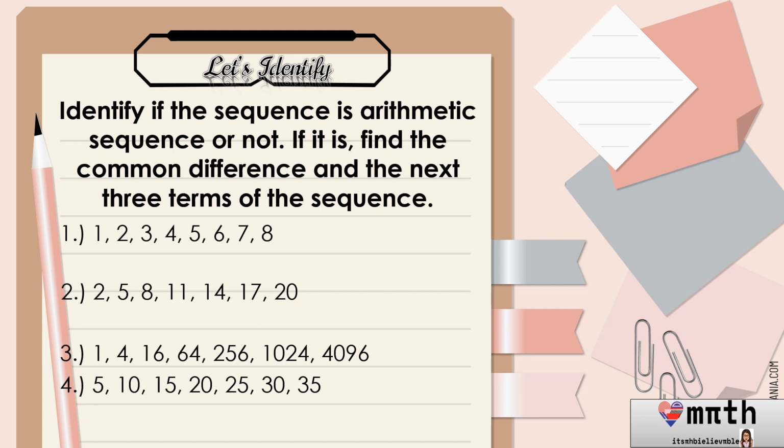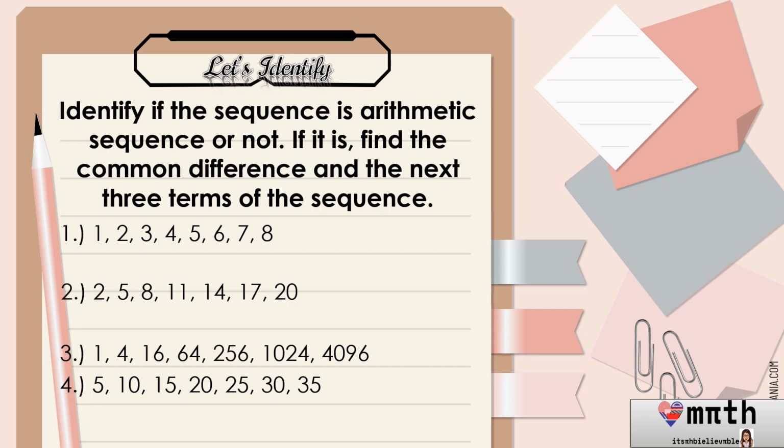Okay? So the first thing that we need to do is to get the common difference, because if there is a common difference, we are able to identify if it is an arithmetic sequence or not.